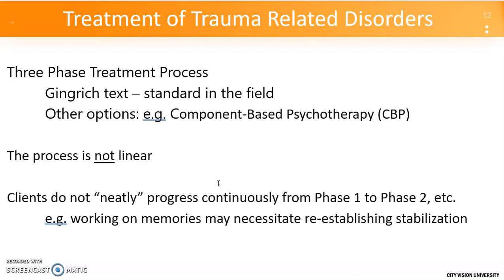So that is an expected part of the process. It's not even considered a regression. It's just expected and accepted that the person will need to, on an ongoing basis, continually go back to that place of experiencing and establishing and feeling that sense of safety. So it's not a neat linear progression, phase one, and then you're done and you never go back to phase one aspects and so on.